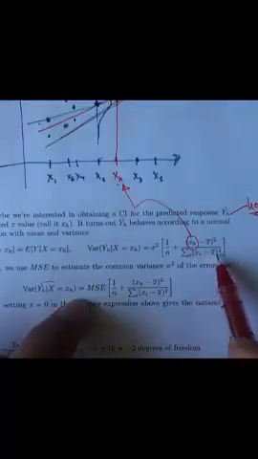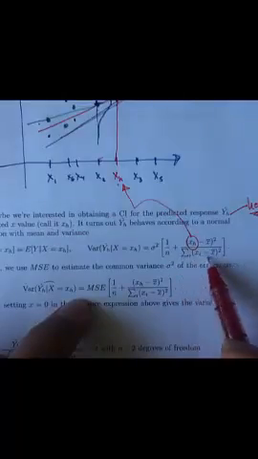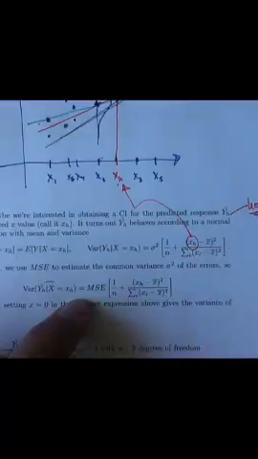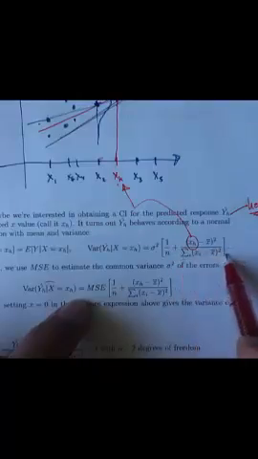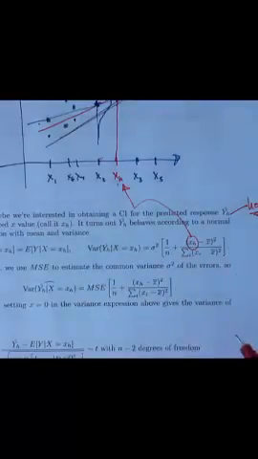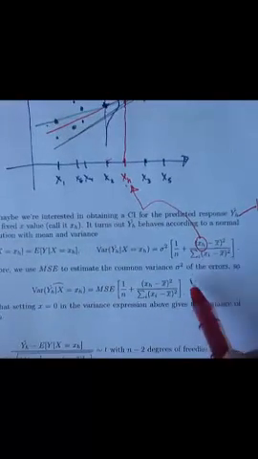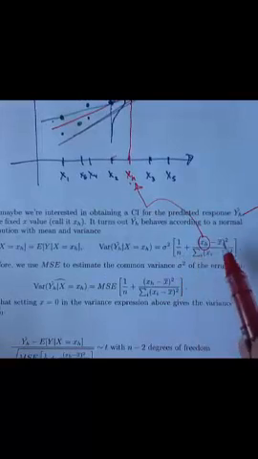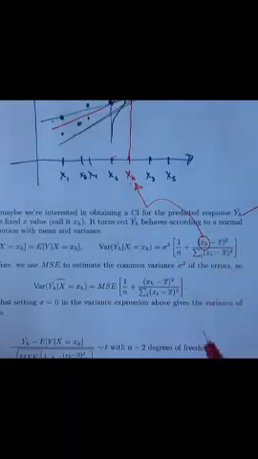Notice this sum down here, however, does not include the squared deviation around that h value, around that special value. This is the sum of squares for the x coordinates of the actual data values. And notice, of course, that as n goes to infinity, this term goes to 0.